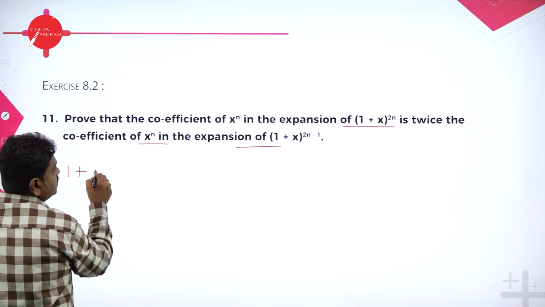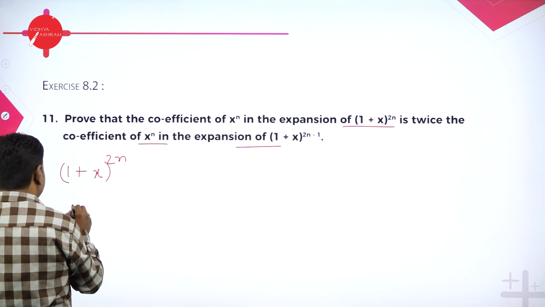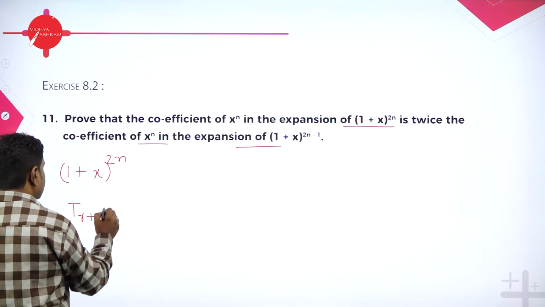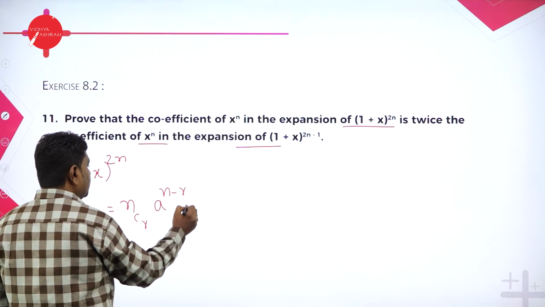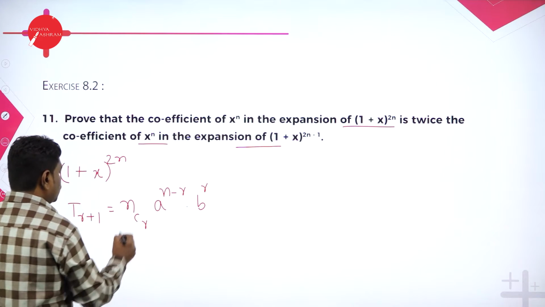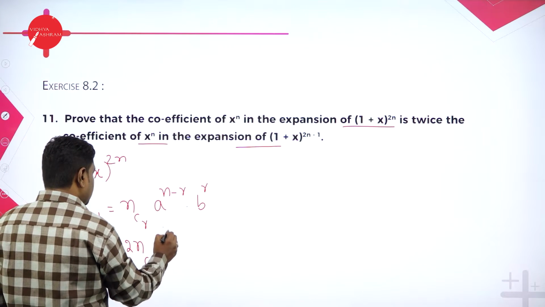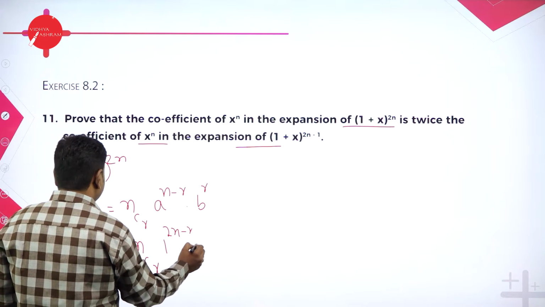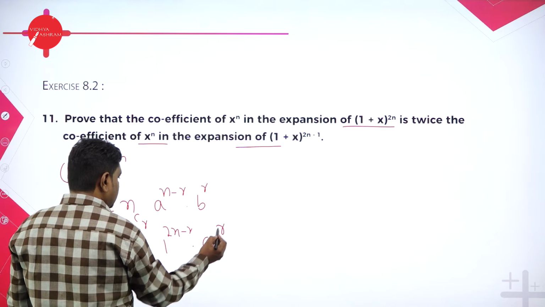The first term is 1 plus x power 2n. Now the T R plus 1 formula. What is T R plus 1? nCR A power n minus R, B power R. What is n? 2n. So 2n CR, A is 1 power 2n minus R, B is x power R.